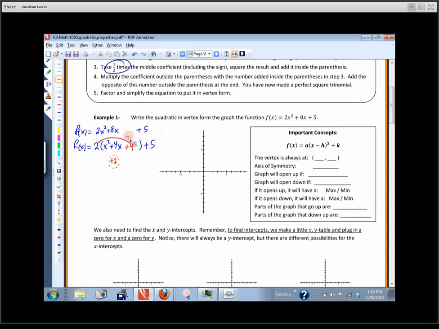I'm going to put plus 8 up here, and then I'm going to write the exact opposite of whatever that number is right here. So this plus 8 gets canceled out by the minus 8. The net effect is I've changed the way this looks, but I haven't changed the value of anything. I haven't changed the shape of the function at all.